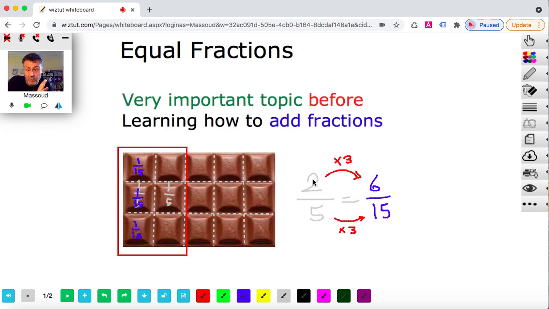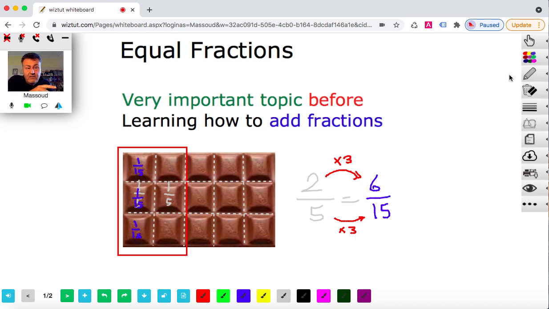So whatever we multiply the top by, we multiply the bottom by the same thing. And they need to see that. They need to really practice that. And there are a lot of resources out there where your learner will have to find out what the denominator or numerator is being multiplied by or divided by.